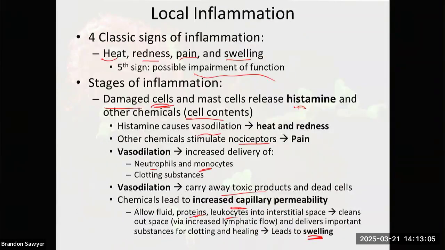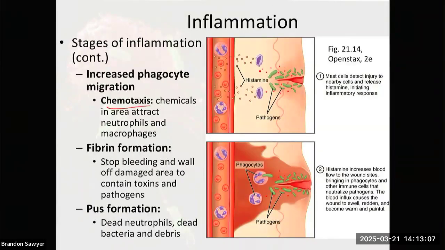Chemotaxis is when cells aggregate to one specific area. So all the immune cells are being drawn to this area where the damage is because of the histamine, because of the other chemicals released by those broken cells. So that's causing chemotaxis. So we get more neutrophils, more macrophages in that area.